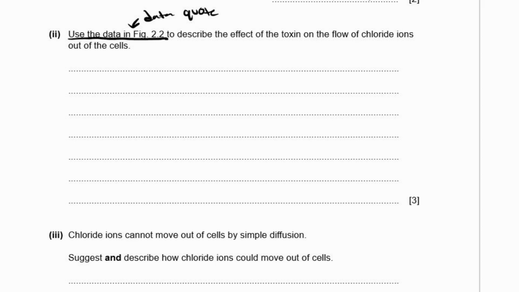You want to quote something useful, not just something that's in the middle of not really much happening. Another key point about this question is that you're describing the effect of the toxin on the flow of chloride ions out of the cell. You're not comparing the two, and you're not even mentioning anything about the normal. Okay, you're just describing what happens when the toxin is present.